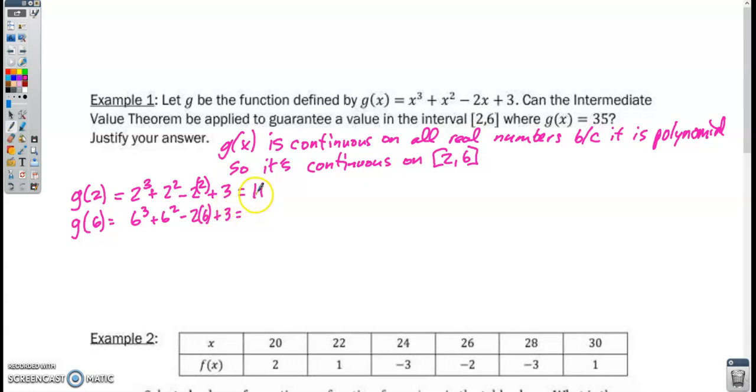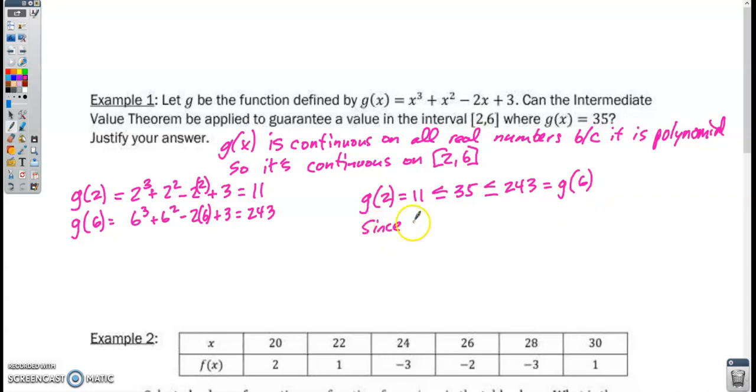So that's equal to 243. Now, g of 2 is equal to 11, which is less than or equal to 35, which is less than or equal to 243, which is g of 6.